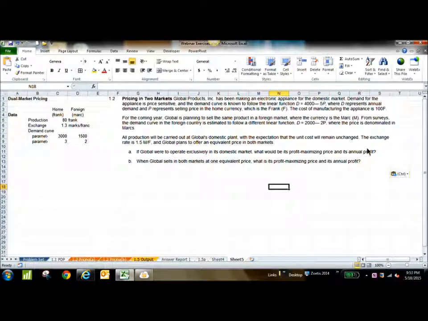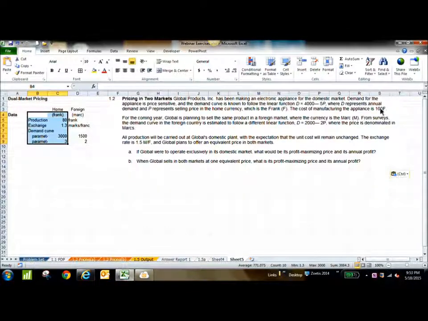And what we're trying to do here, again, we know the home or the domestic has this formula. We know for the foreign market, it has a different formula for the demand. And we know the unit cost is the same.